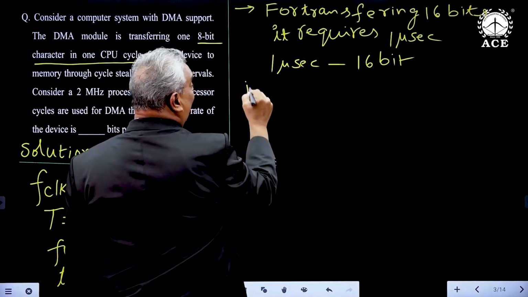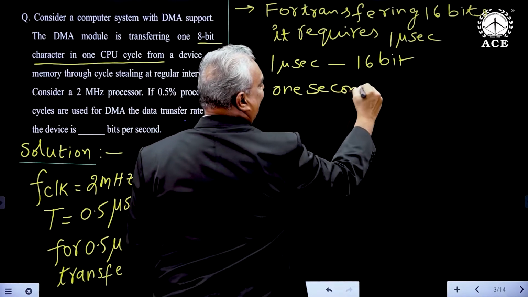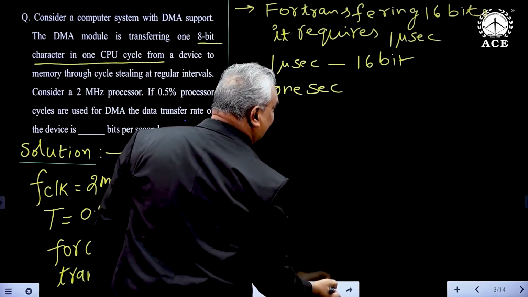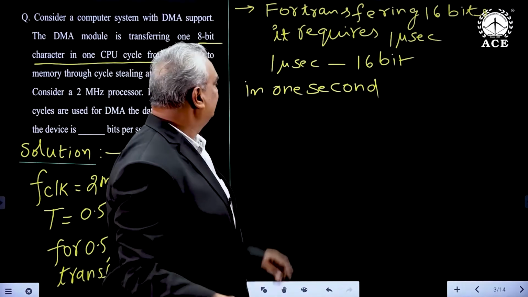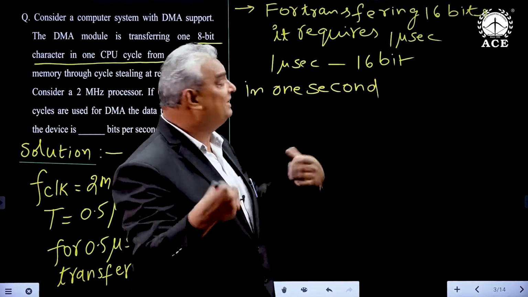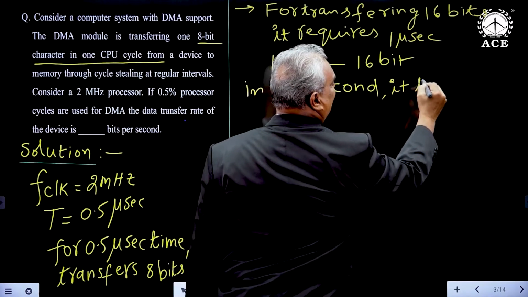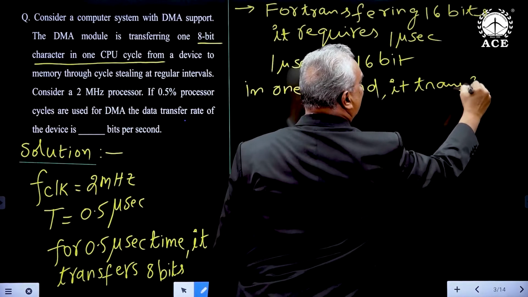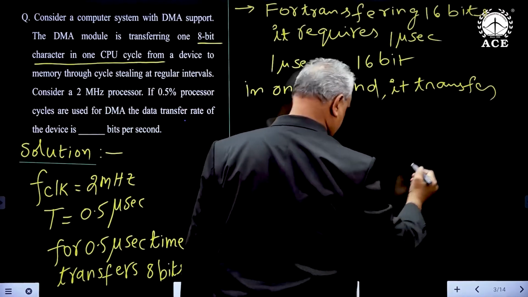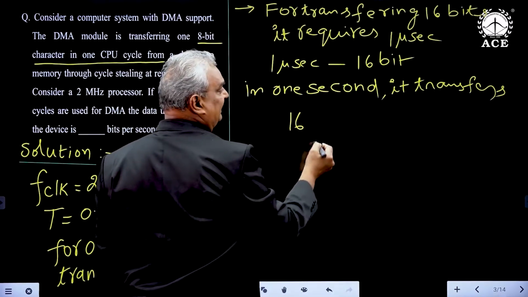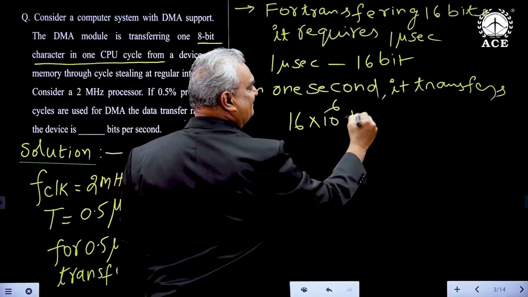Then in 1 second, how many bits can it transfer? In 1 microsecond, 16 bits. In 1 second, it transfers 16 into 10 power 6 bits.